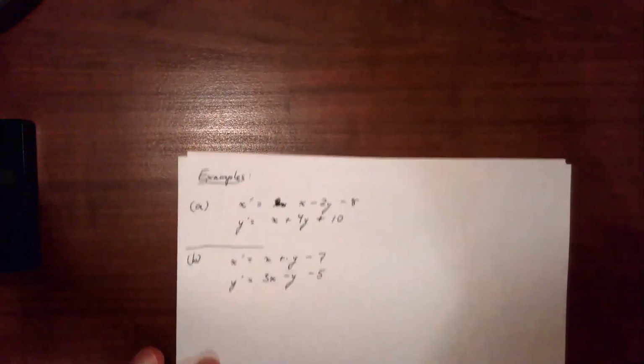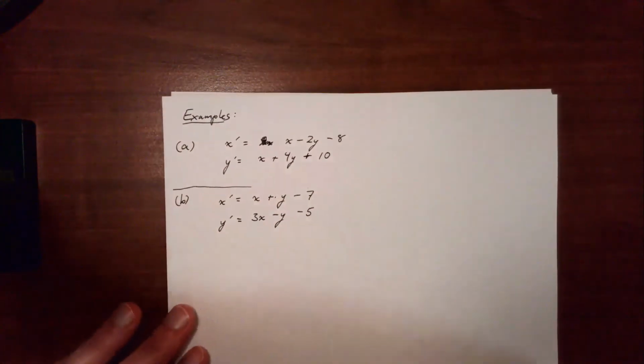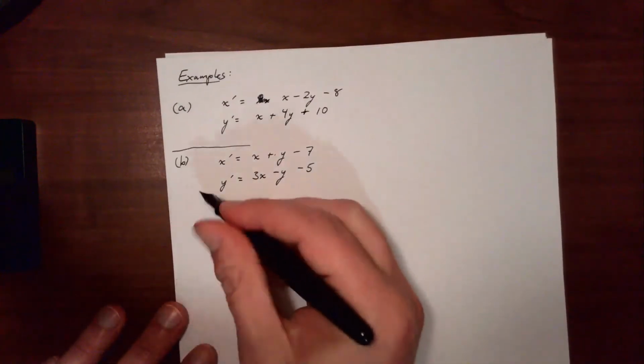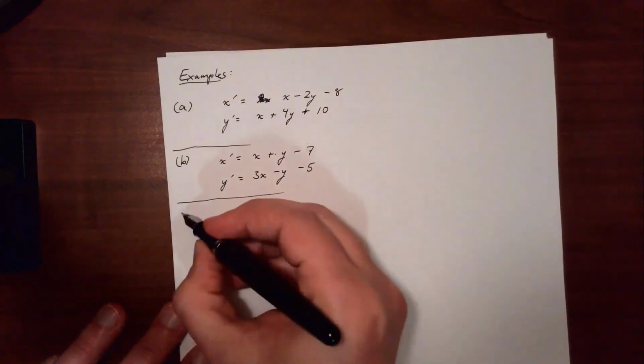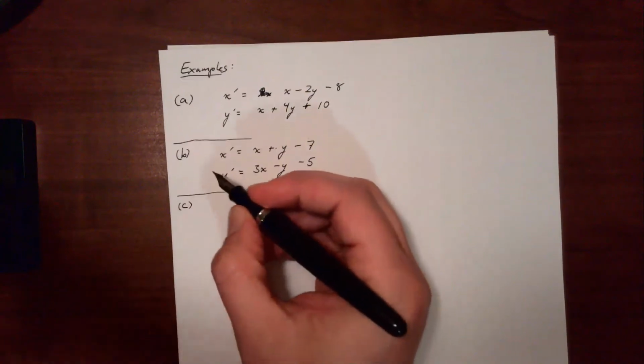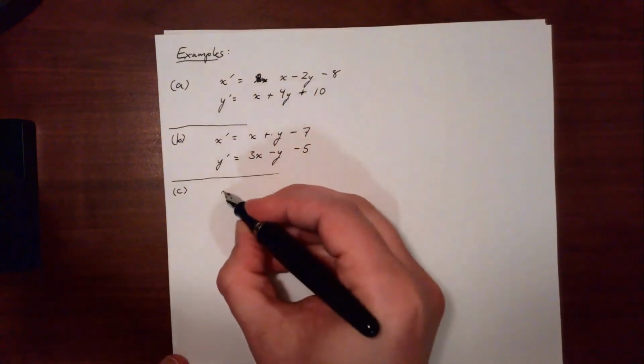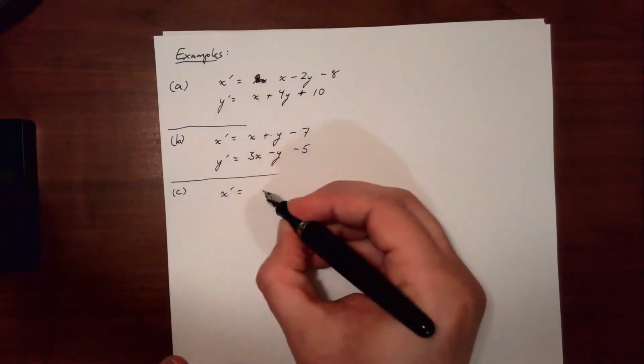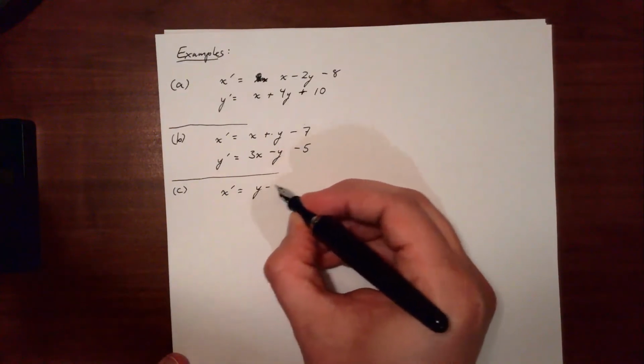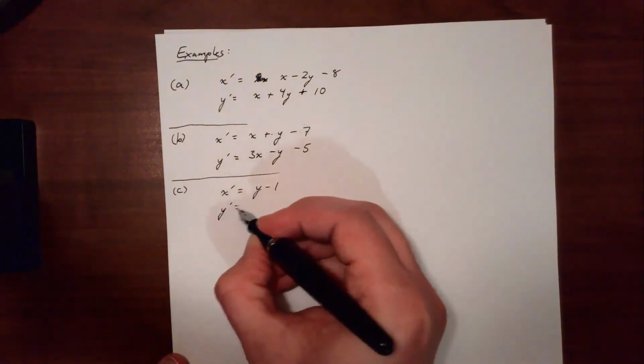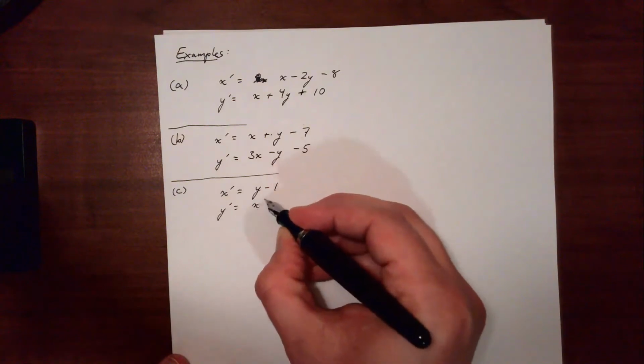We haven't studied what to do about things like this. Now let's up the ante a little bit and start making the equations more flagrantly nonlinear. x prime equals y minus 1, y prime equals x squared minus 1.